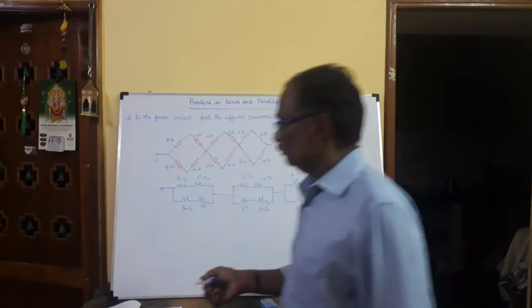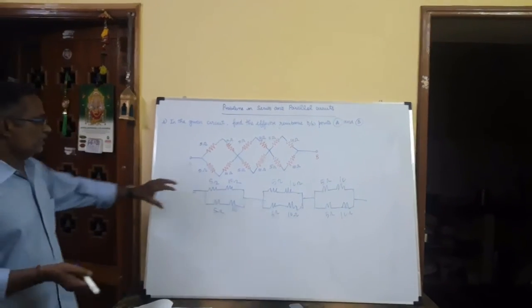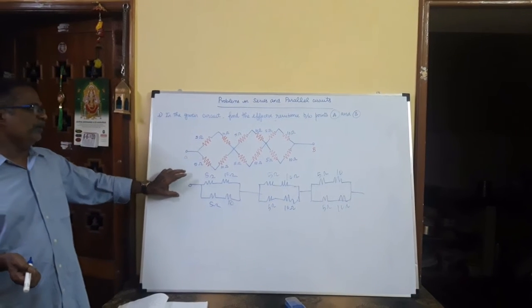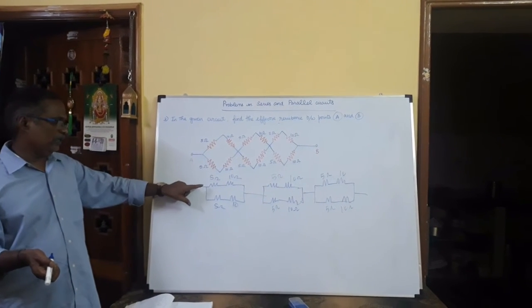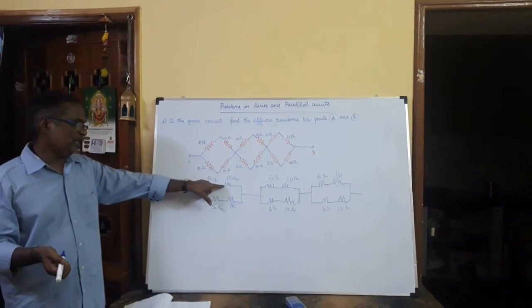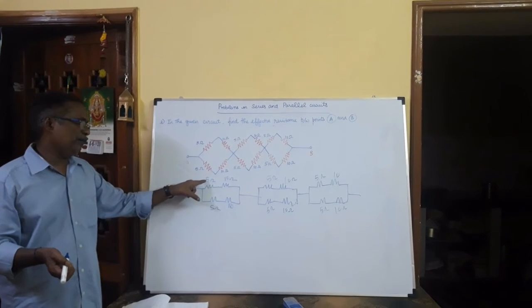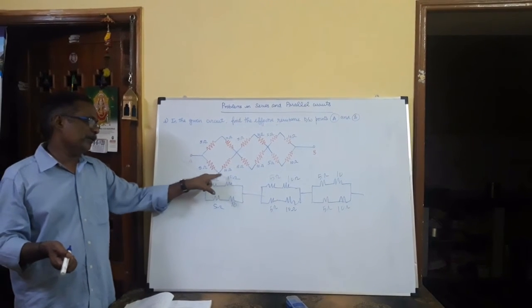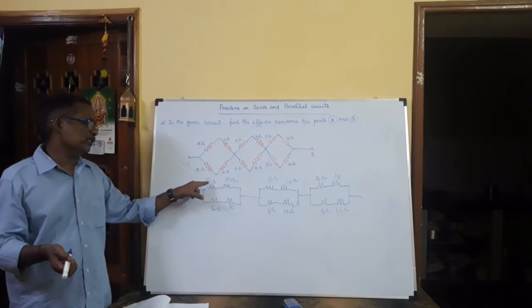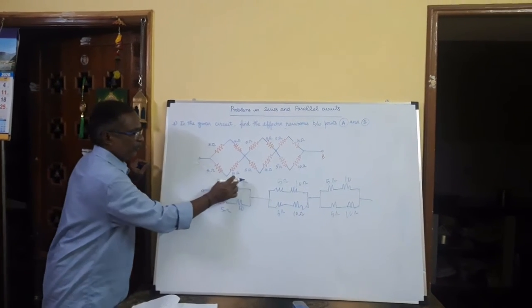Okay, so this is a simplified diagram of the previous circuit. Now if you look at this, these two resistors are in series. 5 plus 10 in a series circuit, you have to add these two resistors, so it becomes 15 ohm.